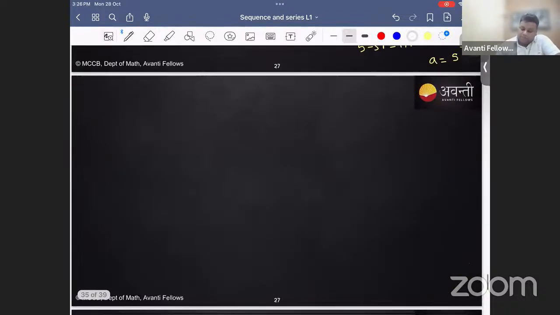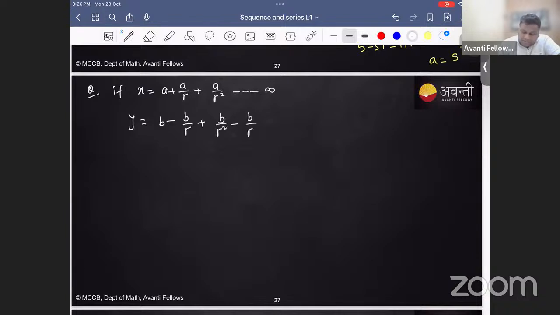Well, next question. If x equals A plus A by R square and so on up to infinite terms, y equals B minus B by R plus B by R square minus B by R cube up to infinite, z equals C plus C by R square, C by R to the power 4 and so on till infinite, and magnitude of R is given as less than 1.